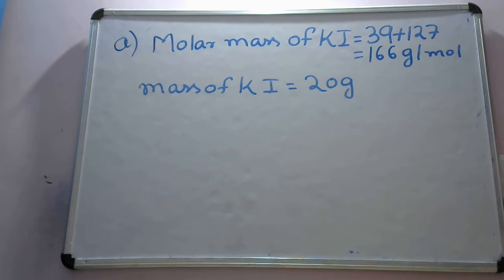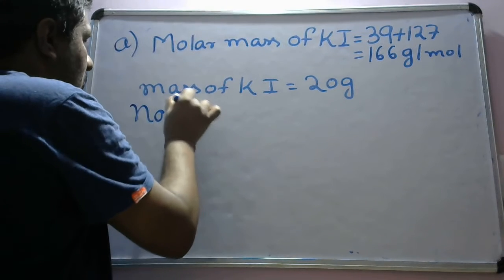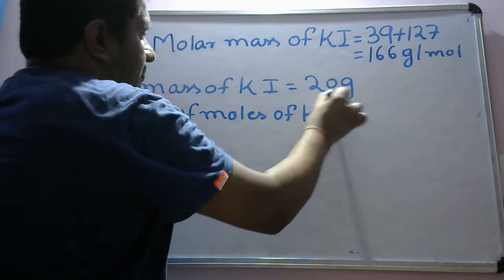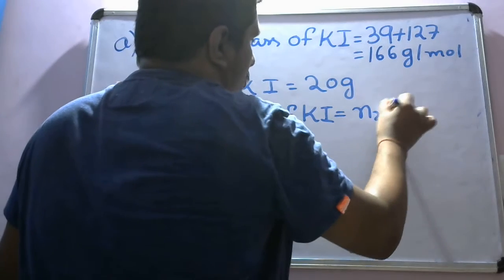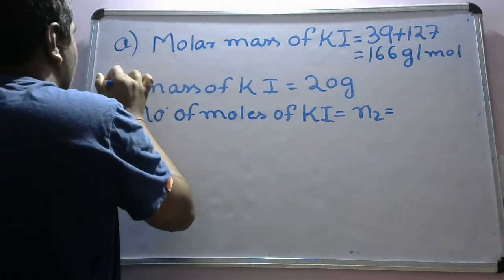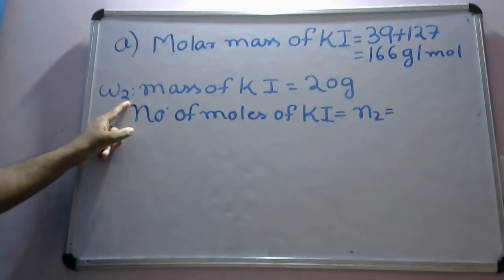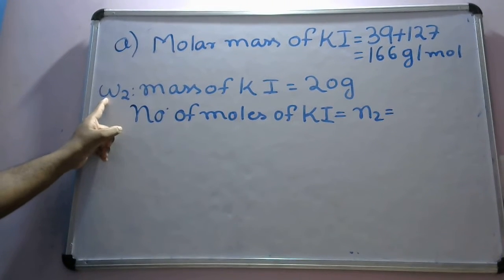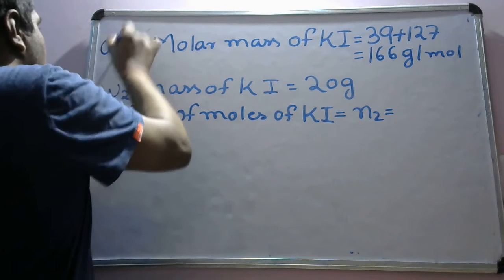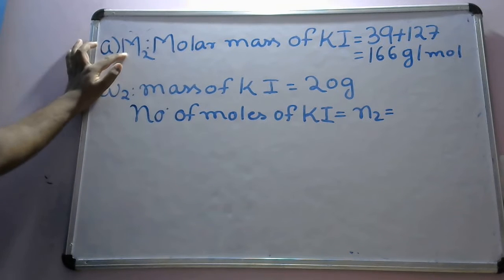Now we will find out the number of moles. Number of moles of KI, that is equal to n2. Let us give a symbol. W means mass, 2 means for solute. This is the given mass of solute. This symbol we will use, capital M2. Capital M represents molar mass.